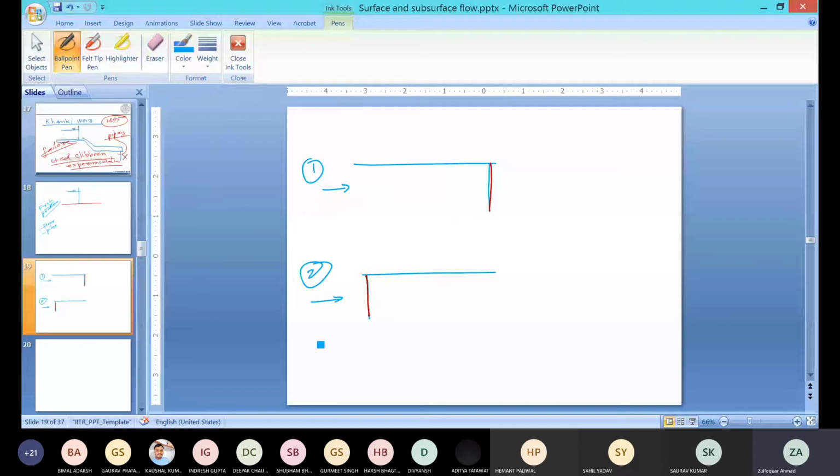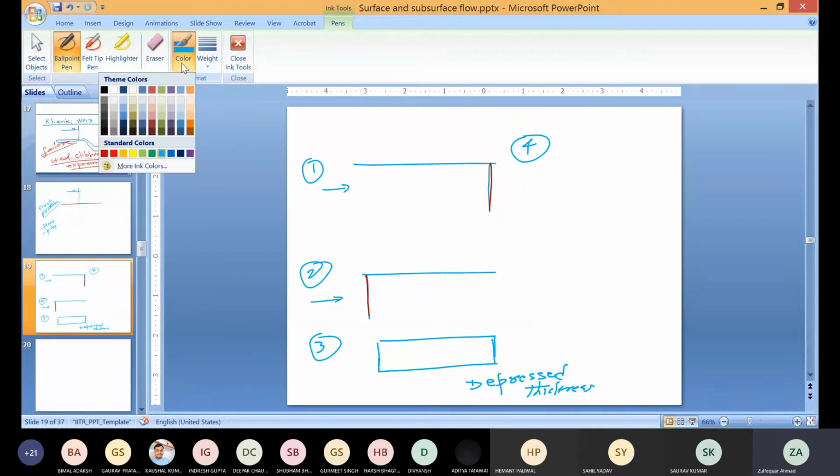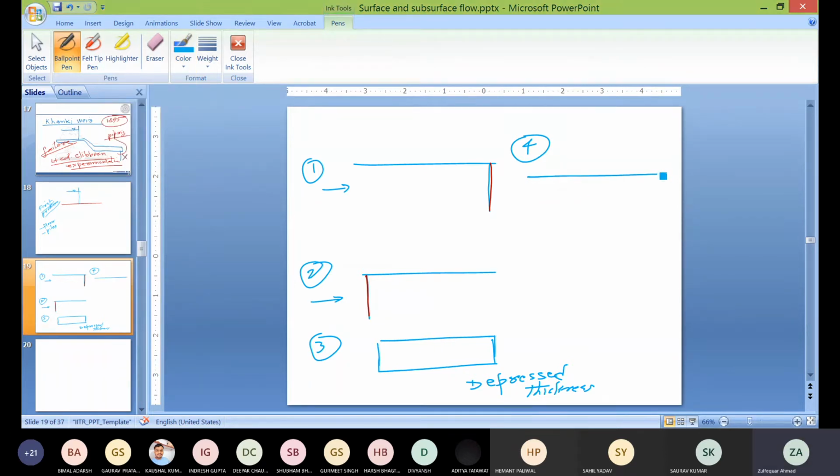You see, this horizontal floor is having negligible thickness, no thickness at all, right? Then they solve for a thick floor. That one we are saying as a depressed floor. This one is for the depressed floor, which is having the thickness, right? So that is the third problem. The fourth problem they consider, okay, you have the horizontal floor, and you have the intermediate sheet pile, this, right?